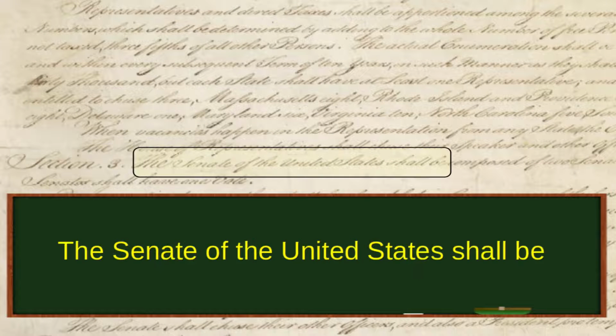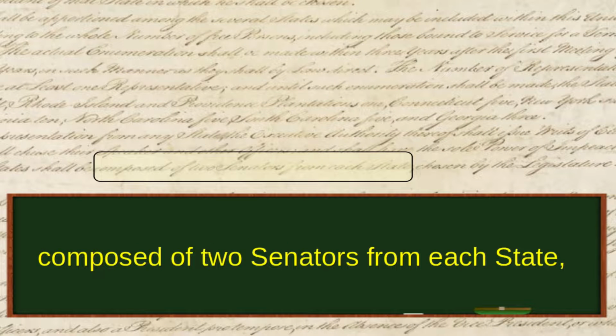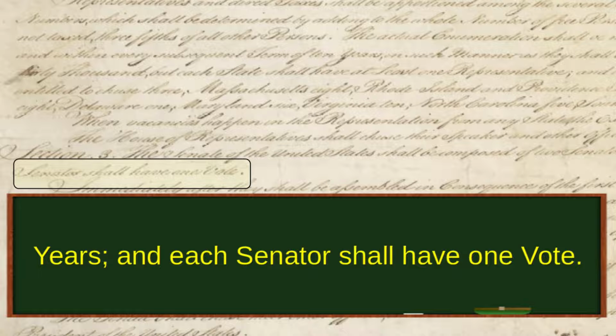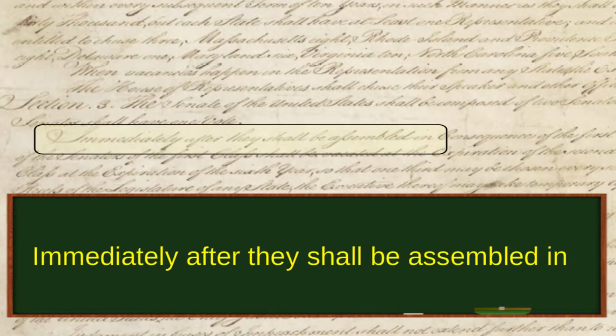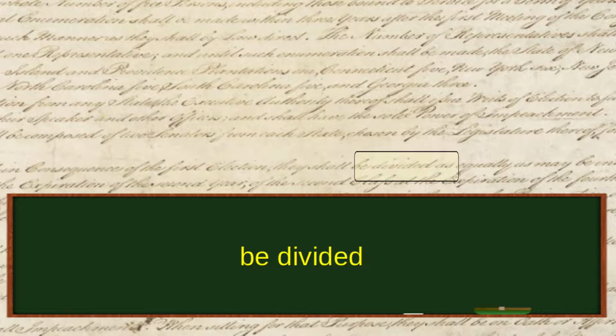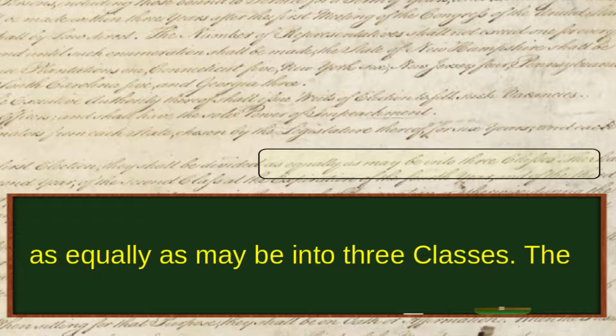Section 3. The Senate of the United States shall be composed of 2 senators from each state, chosen by the legislature thereof, for 6 years. Each senator shall have 1 vote. Immediately after they shall be assembled in consequence of the first election, they shall be divided as equally as may be into 3 classes.